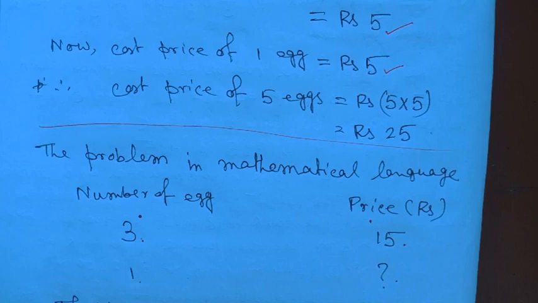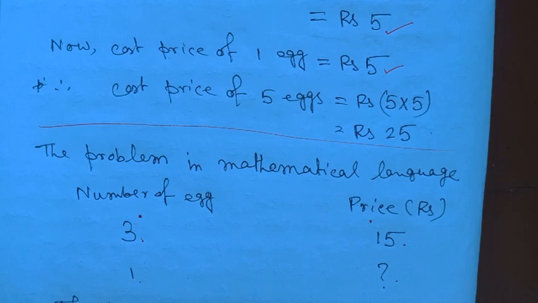In direct relation. So what is direct relation? If two quantities, in this case number of eggs and price, if any one of the quantities increases, then the other also increases, then the relation between these two is known as direct relation. That means when the number of eggs increases, the cost price also increases.